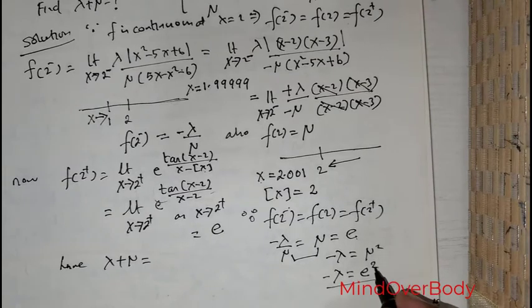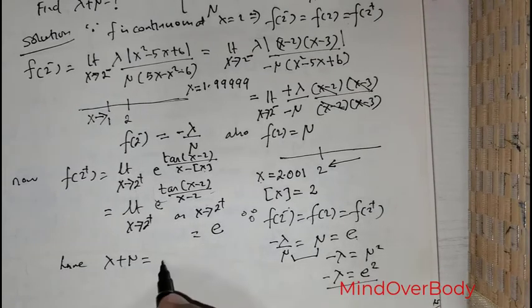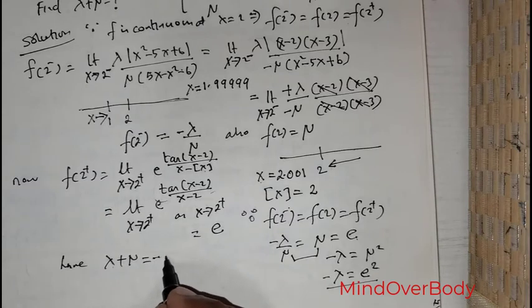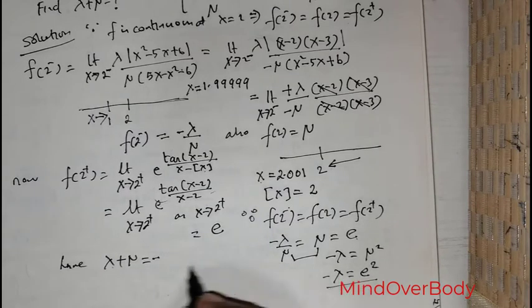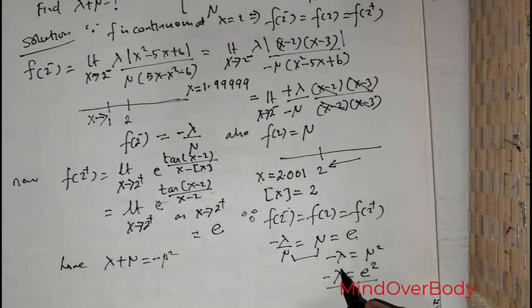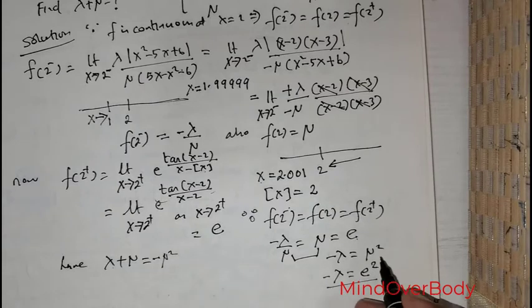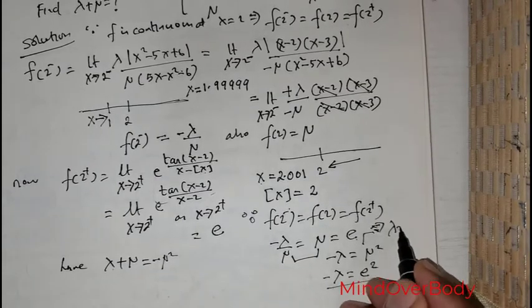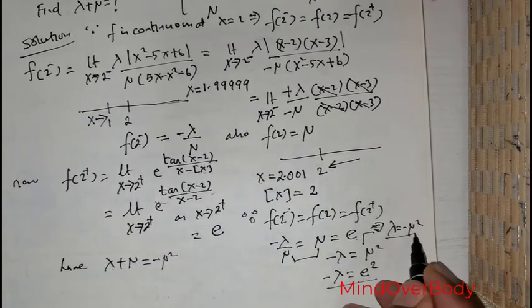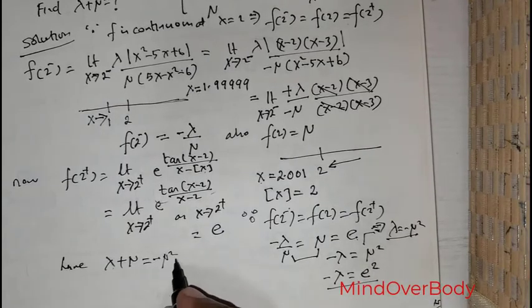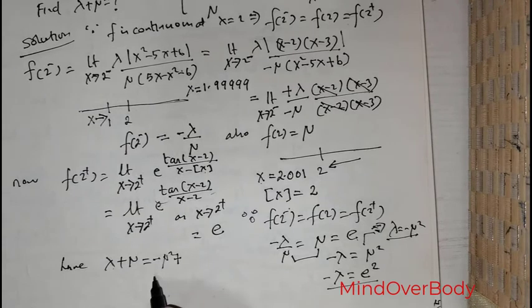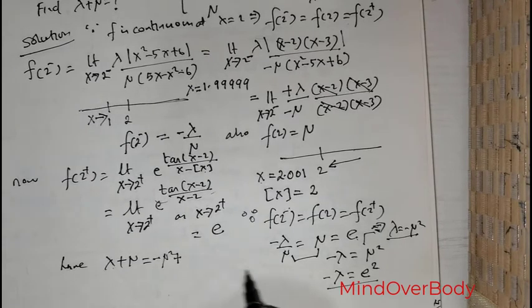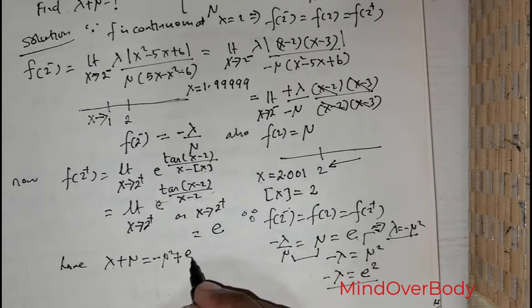So these deductions are possible because of this equality. So this is equal to negative, I'm going to substitute the value of lambda. So this is going to be negative mu squared, because negative lambda is equal to mu squared. So lambda will be equal to negative, I'm going to write it down there. So this implies lambda is equal to negative mu squared. So I got that. So negative mu squared and positive mu is equal to e, so I can substitute that.